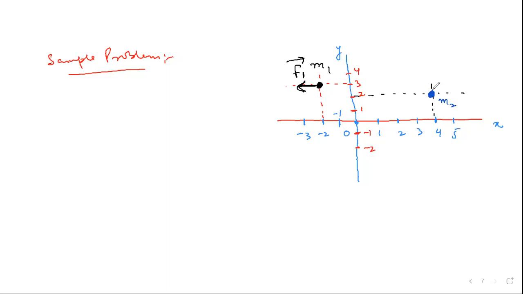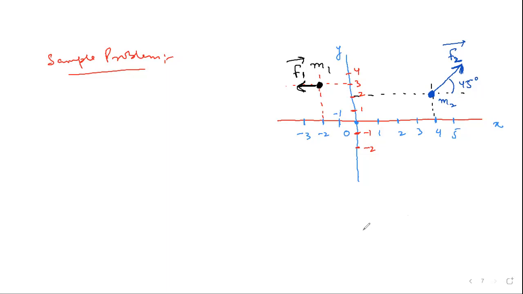Now another force F2 acts on it. This F2 makes a 45-degree angle with the horizontal.